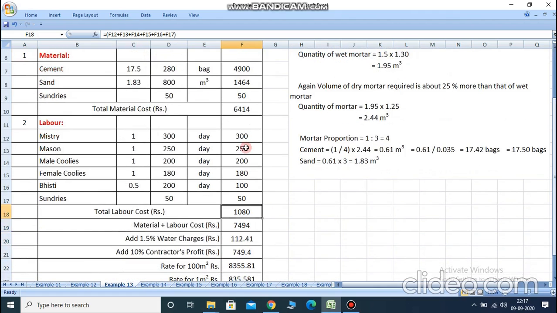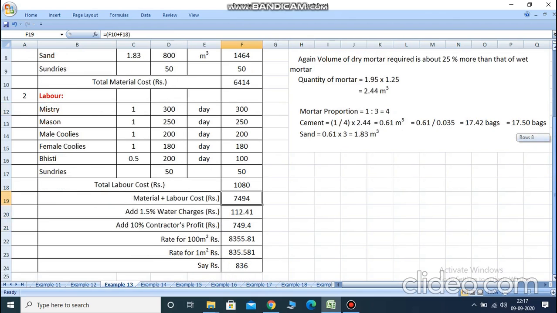Now the summation of the material cost 6414 plus labor cost 1080 rupees. Summation we got 7494 rupees as the summation of the material cost and labor cost. Now we add water charges because water is required. So here 1.5% water charges we add.